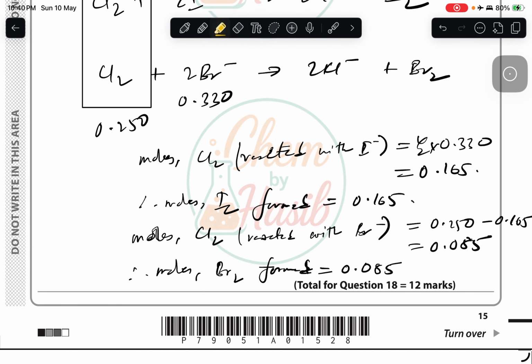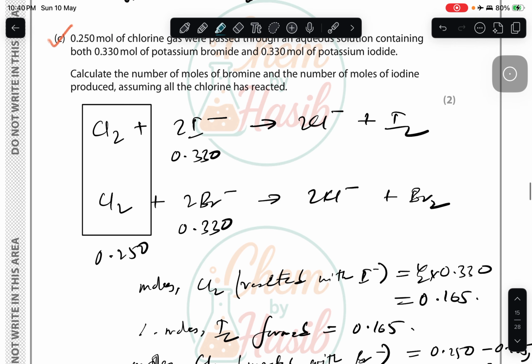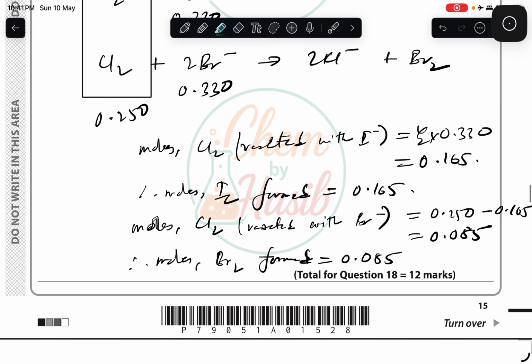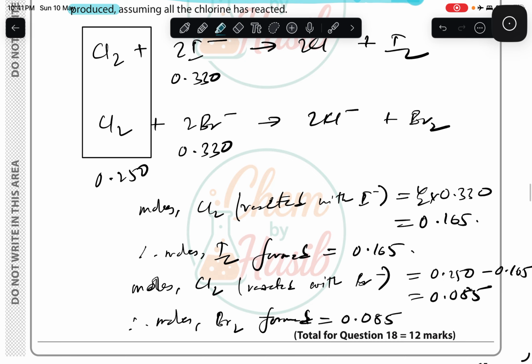They asked to find the number of moles of bromine and the number of moles of iodine formed, assuming that all the chlorine has reacted, because initially the chlorine reacts with iodide. So from the number of moles of iodide, we find the number of moles of chlorine that reacted, and from that we find the number of moles of iodine formed.